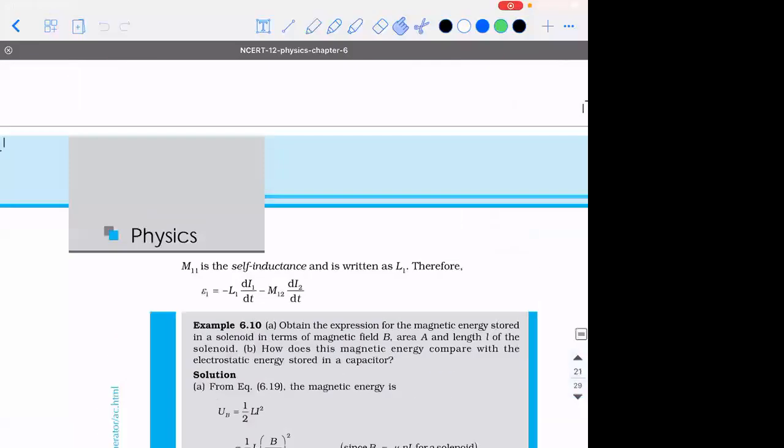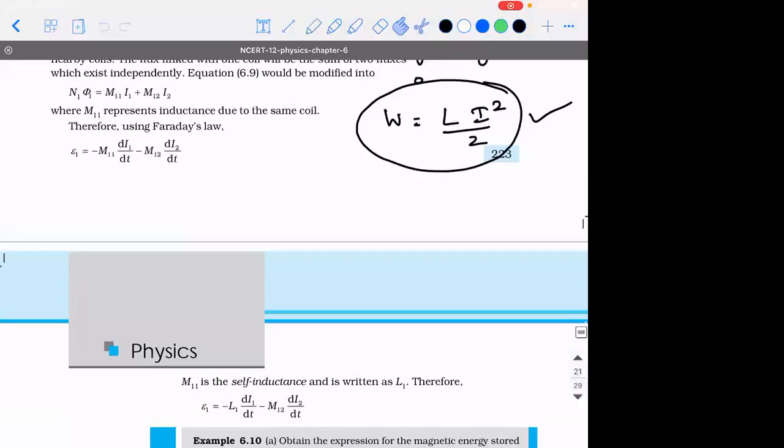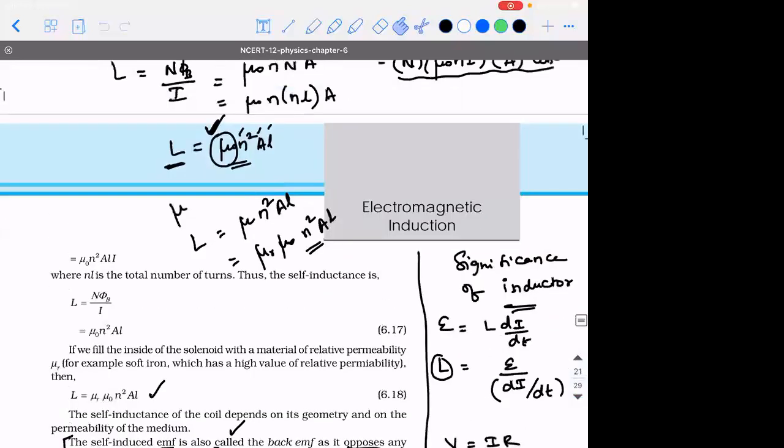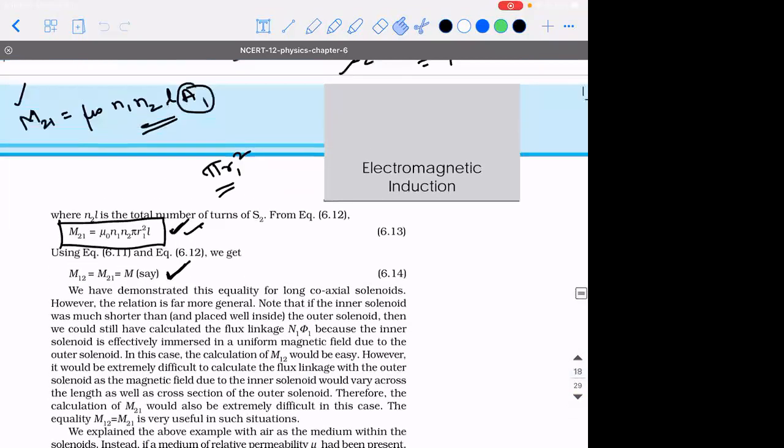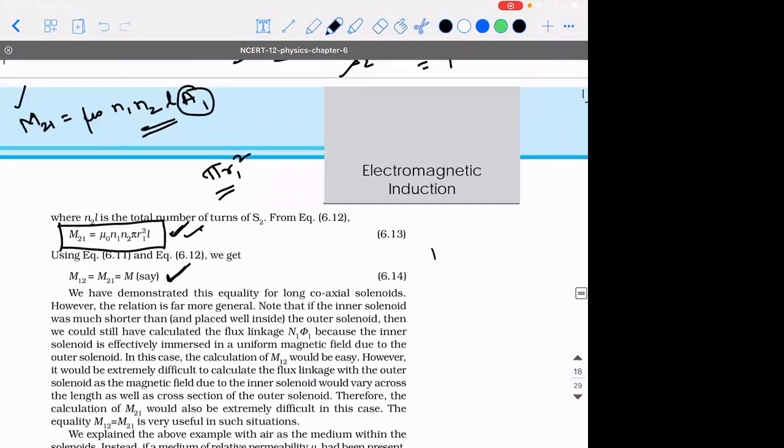So, in the previous class, we saw one important thing. We saw what is mutual inductance, right? There were two types of mutual inductance that we discussed: M12 and M21. And what were their values in terms of magnitude?